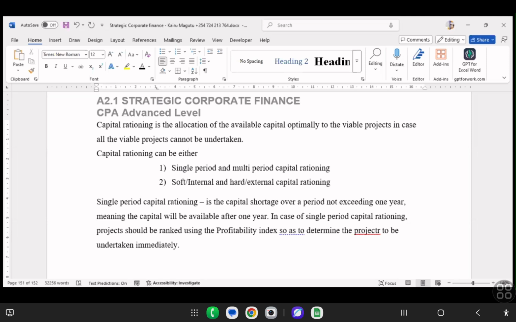For you to determine the projects that should be undertaken immediately in case of a single period capital rationing, considering that capital will be available after 1 year, meaning the project not undertaken will be undertaken after 1 year, we use profitability index to rank the project.